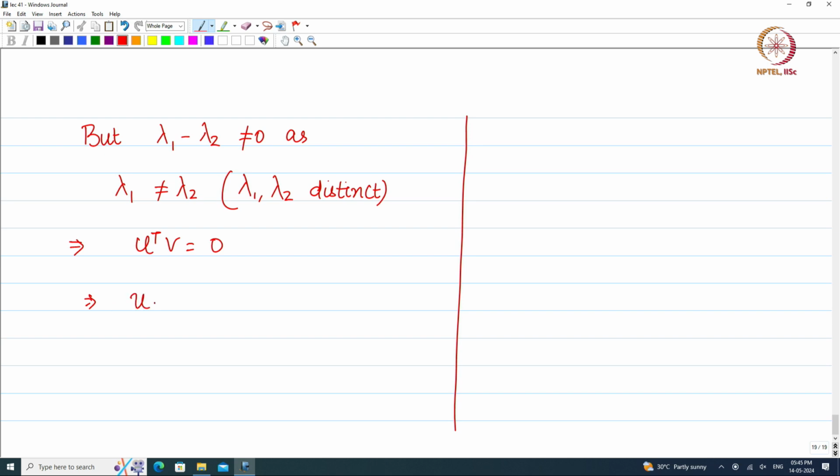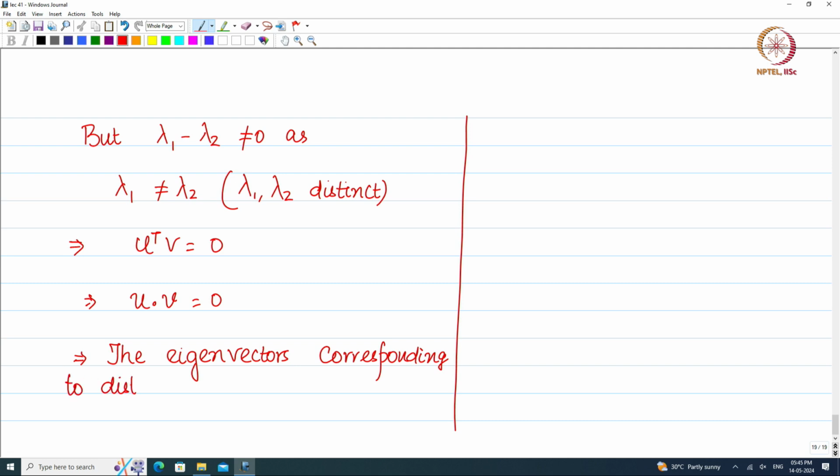So, we have u dot V is equal to 0, which implies the eigenvectors corresponding to distinct eigenvalues of a real symmetric matrix are orthogonal to each other.